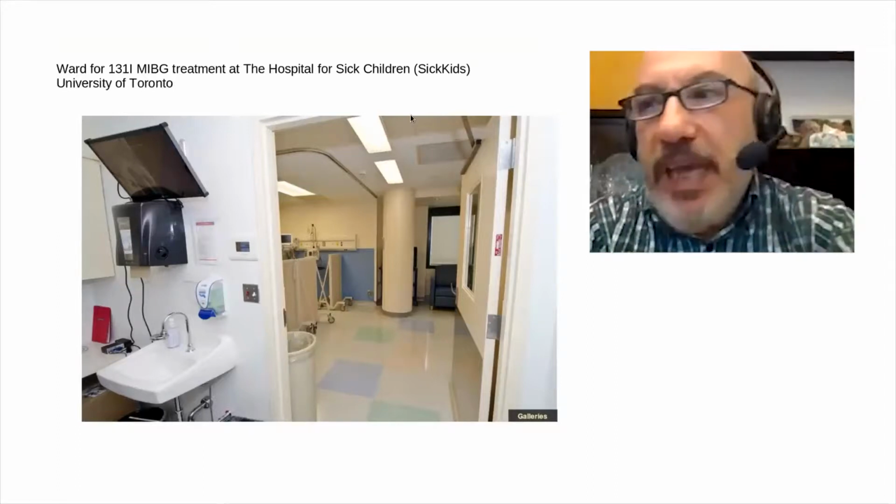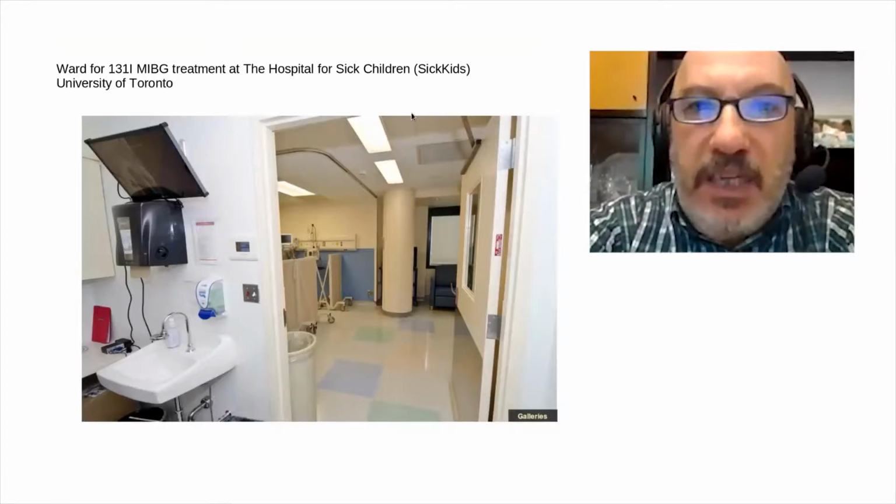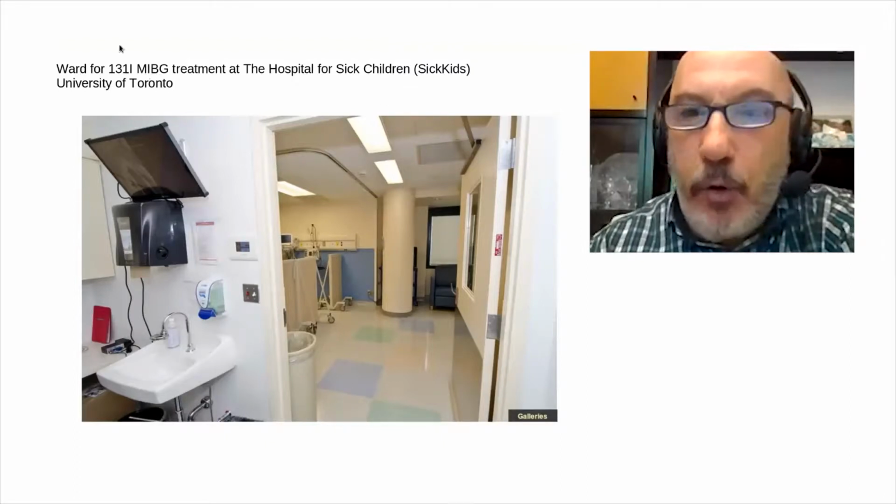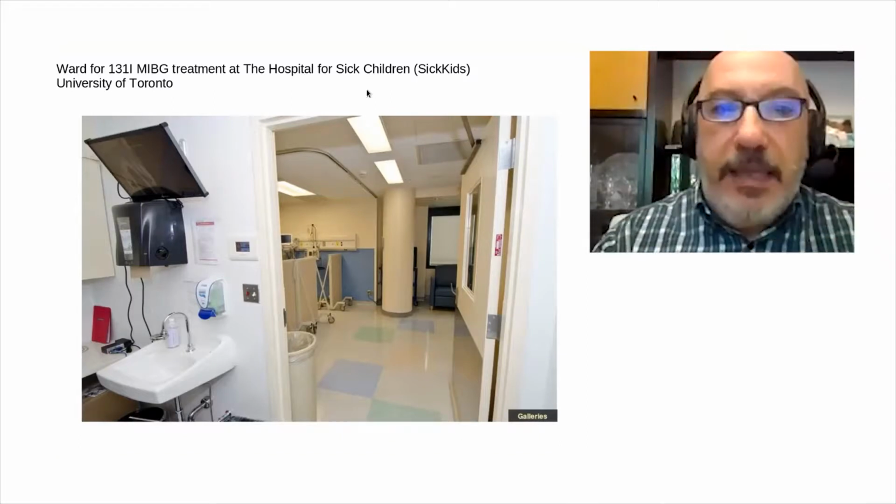This example came from a hospital that is specialized in therapy for pediatric patients, particularly iodine-131 MIBG for neuroblastoma. That is unfortunately an illness that particularly affects the pediatric age and has excellent results with the therapy.